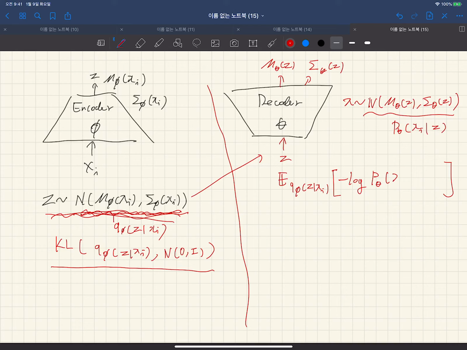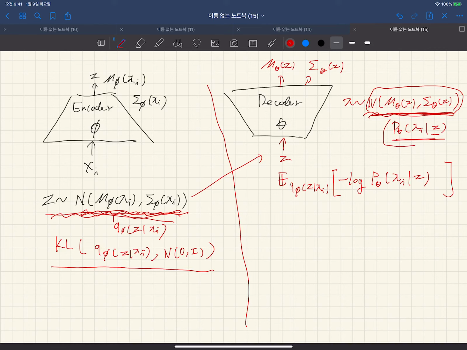So we compute the probability for point xi for this given z using this normal distribution. Okay, so this is the probability value at the input xi, when the distribution comes from the given latent variable z.